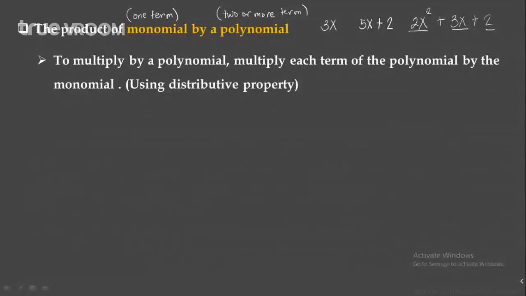To multiply a monomial by a polynomial, multiply each term of the polynomial by the monomial using the distributive property. All right.